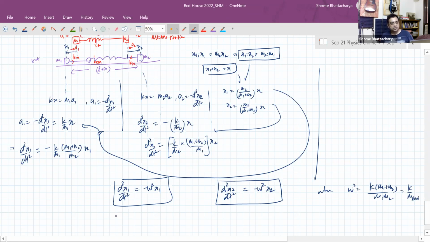Okay. So x1 is some amplitude into sine(omega t plus phi). x2 is some amplitude into sine(omega t plus some phi).